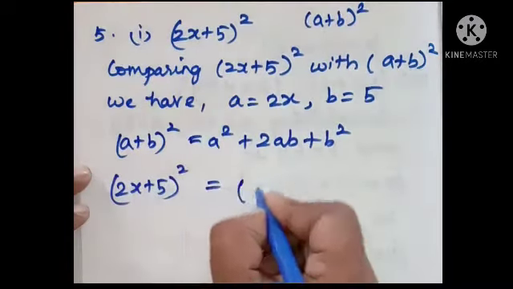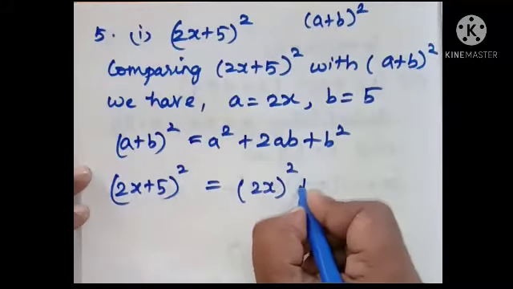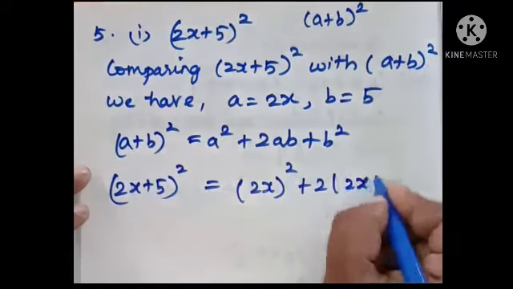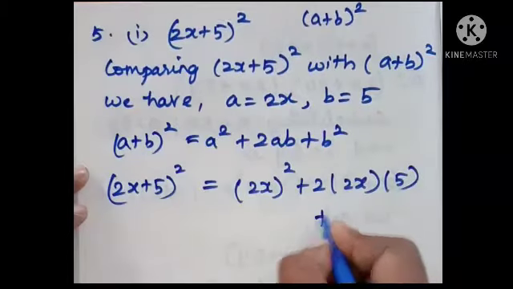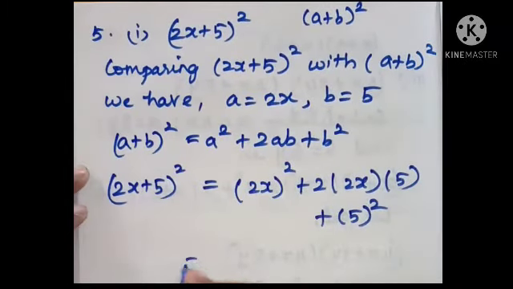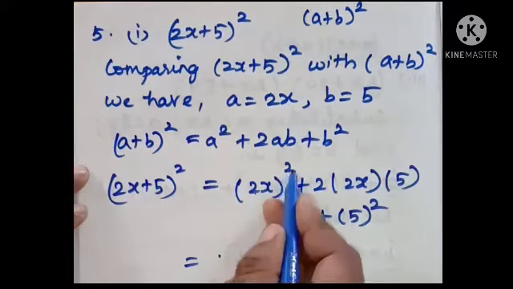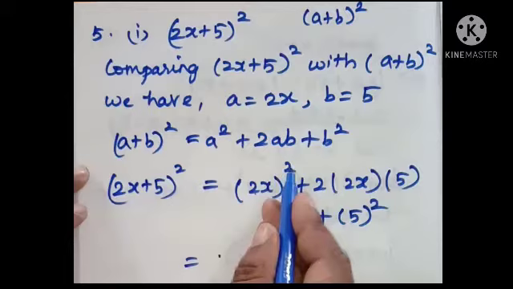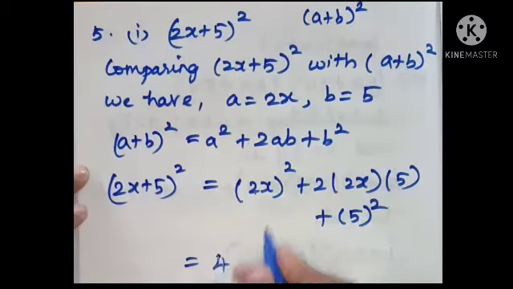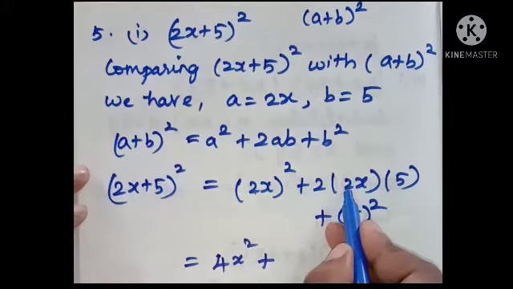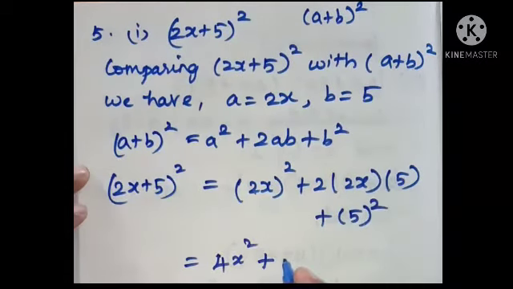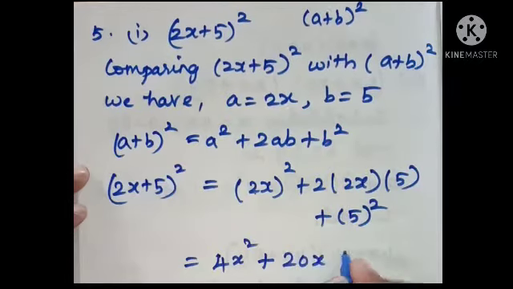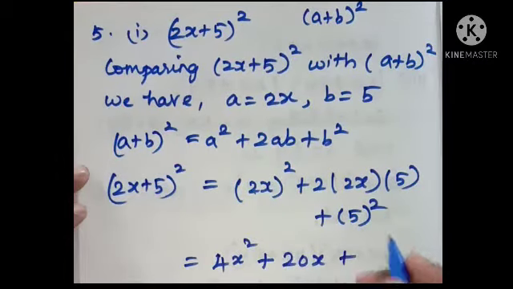In the right hand side, (2x)² plus 2 into a is 2x, b is 5, plus b² is 5². Here (2x)², square is common for both the values 2 and x. 2² is 2 into 2, 4, x² plus 2 into 2, 4, 4 into 5, 4 5s are 20, plus 5 into 5, yes, 5² is the exponent.